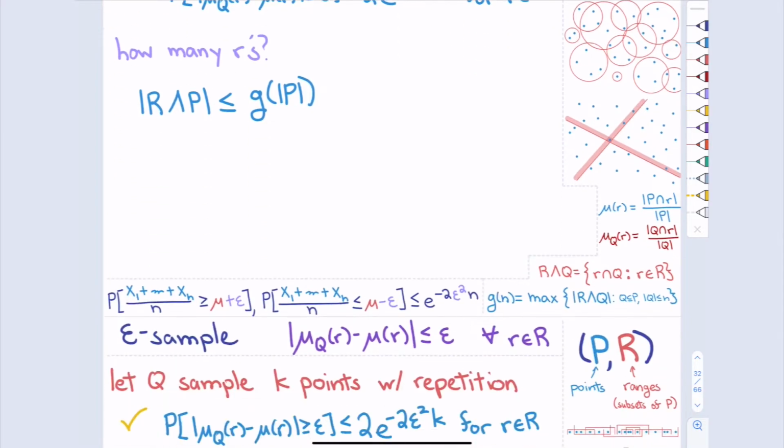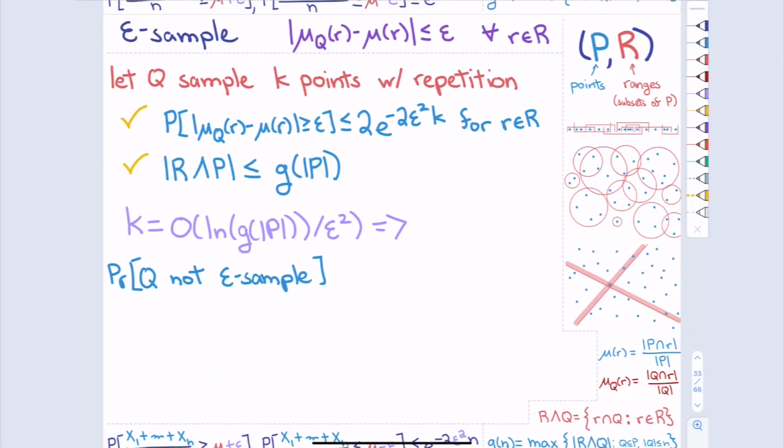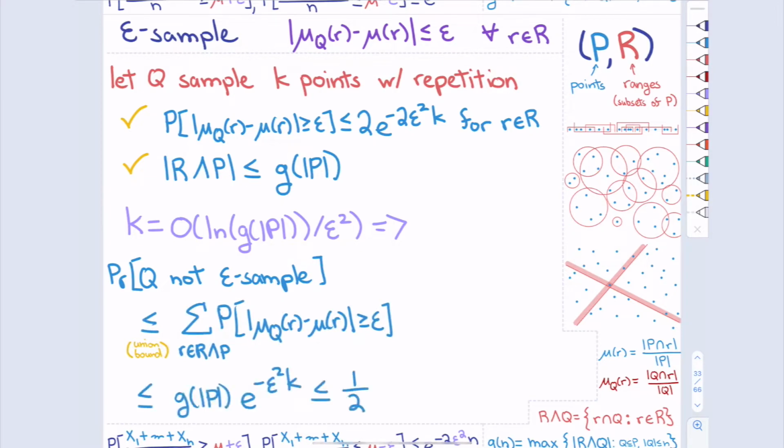Okay, as usual. So if we choose log growth of P over epsilon squared, then by the union bound, we'll sum over all the ranges. What are the odds? And we know the odds, and we'll get a constant. I was just trying to figure out what odds we need to get a constant. If you want high probability, just increase it appropriately.